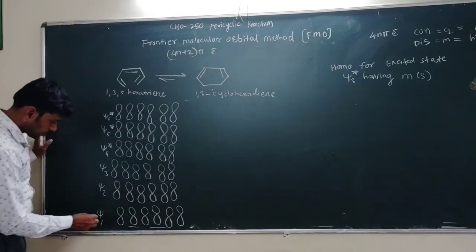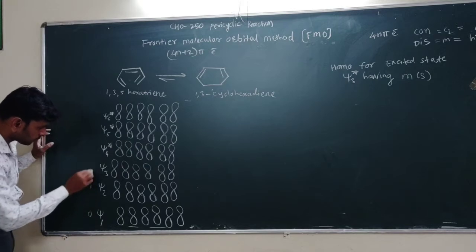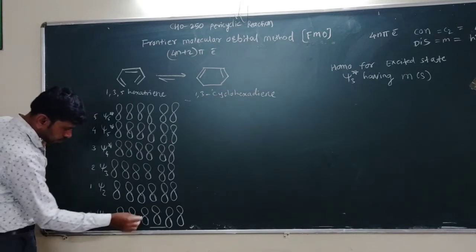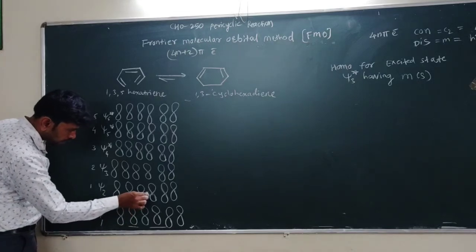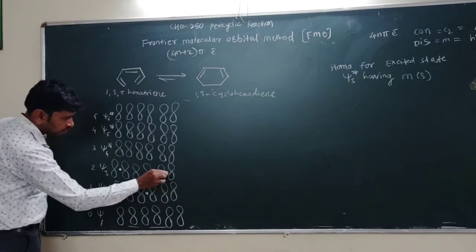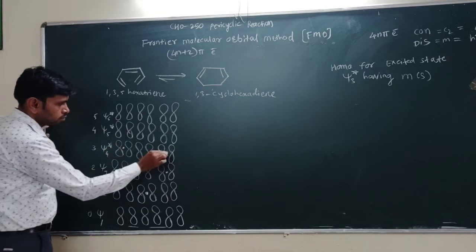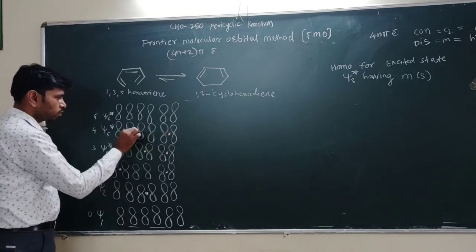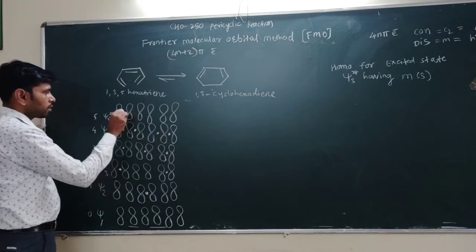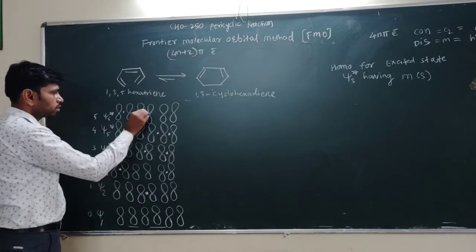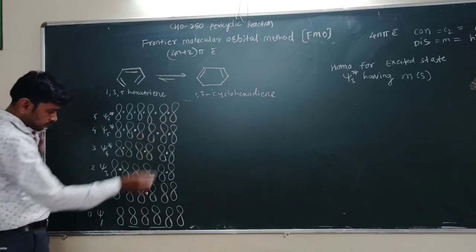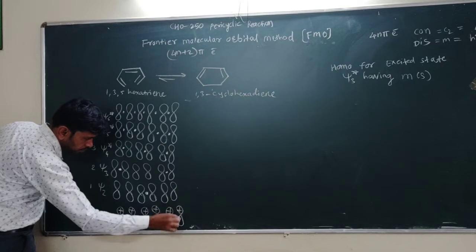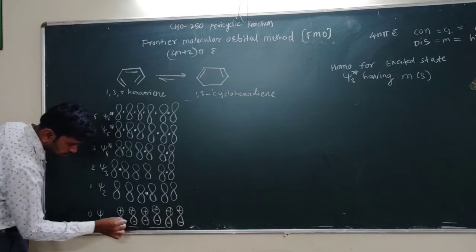Okay, so give the nodes here. Psi 1 has 0 nodes, Psi 2 has 1 node placed here, Psi 3 has 2 nodes placed in this manner, Psi 4 has 3 nodes, Psi 5 has 4 nodes, and Psi 6 has 5 nodes. Give the signs: plus, plus, plus, plus, plus, plus for the first; then minus, minus, minus, minus, minus.